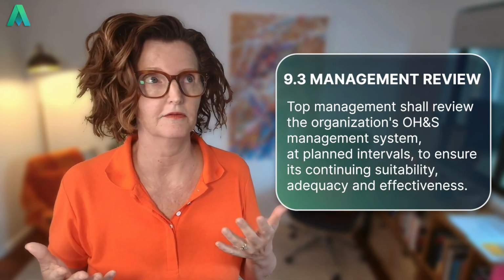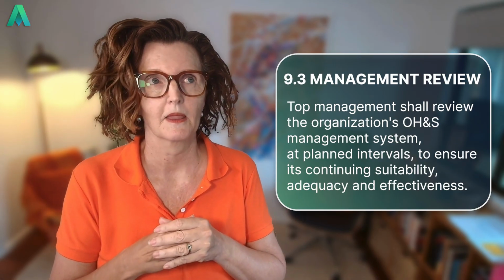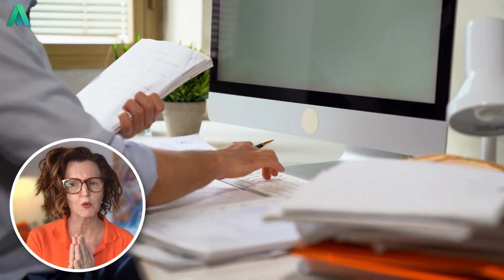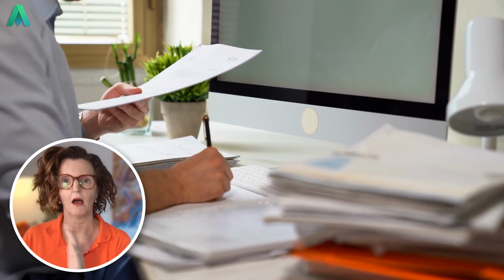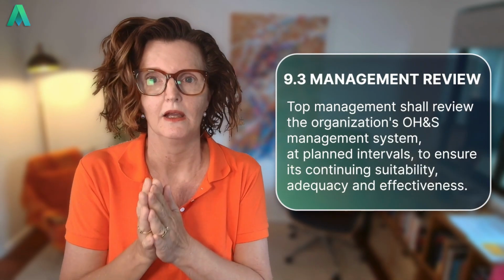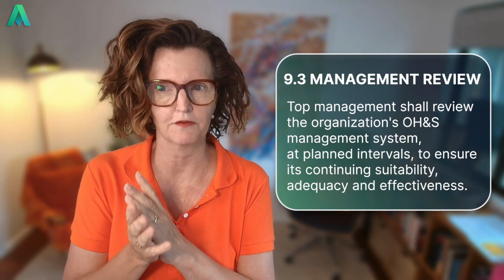Another way of interpreting planned intervals is that at the end of a management review, they'll go, okay, when will we review all of these items again? And it will be based on risk, essentially. They might decide, look, we've got a lot to action, let's give ourselves a few months.